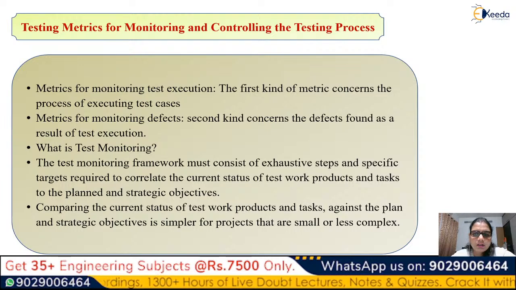The first kind of metrics concerns the process of executing the test cases. Then we have the metrics for monitoring defects. This second kind concerns the defects found as a result of the test executions.